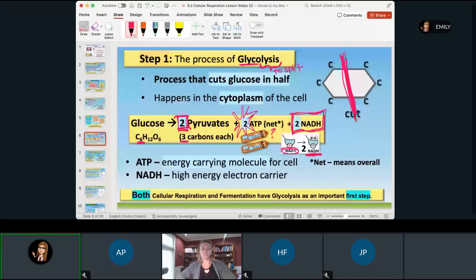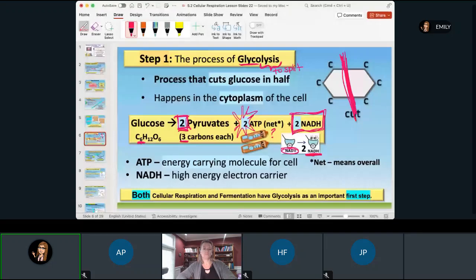So if I'm using 2 ATP and making 4, that means I have a net gain of 2 ATP. That's why we just say there's 2 ATP right here. So you need to know that in glycolysis, we break down glucose and we get 2 pyruvates, 2 ATP, and 2 NADH.